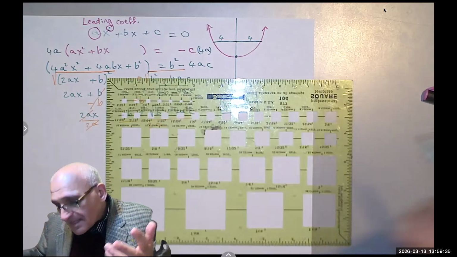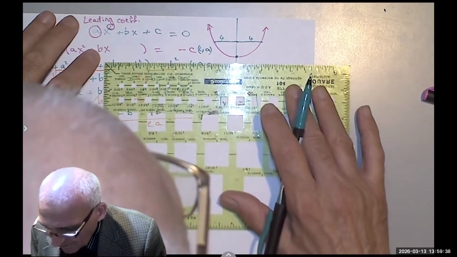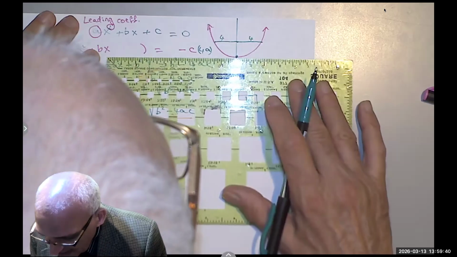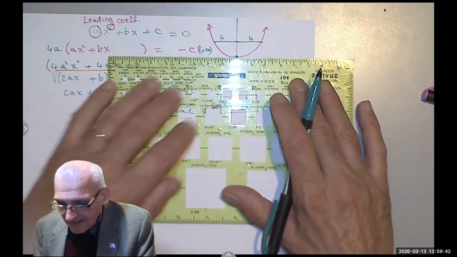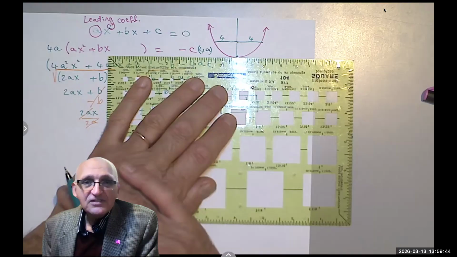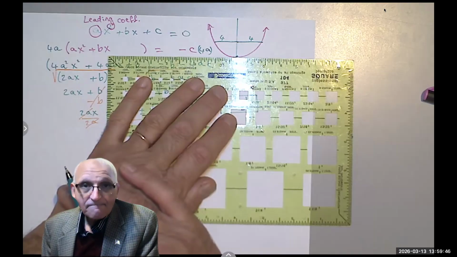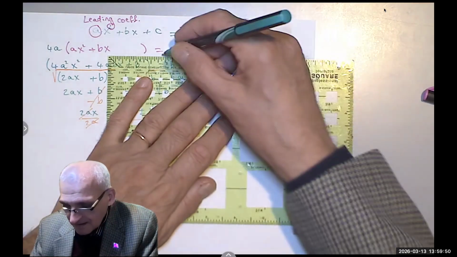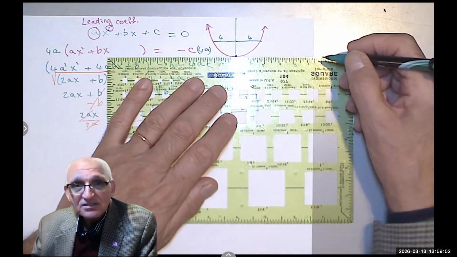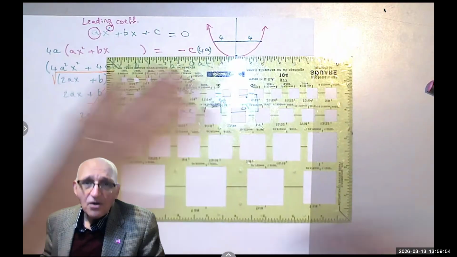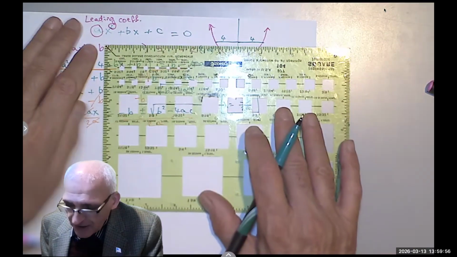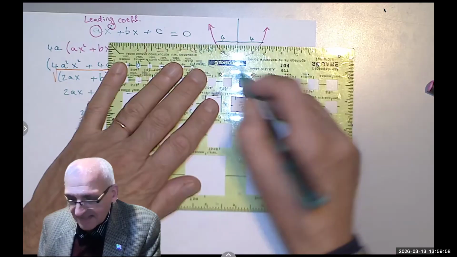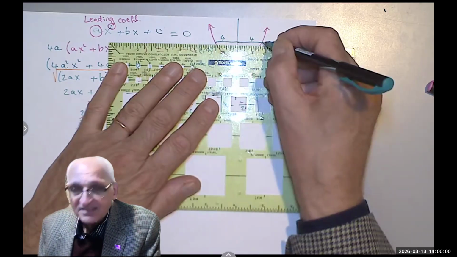A case that may happen is that the vertex is exactly the point of intersection, a single point. So the x-axis will be tangent to that parabola. Or it's below the x-axis and opening up, so it intersects at 2 points.